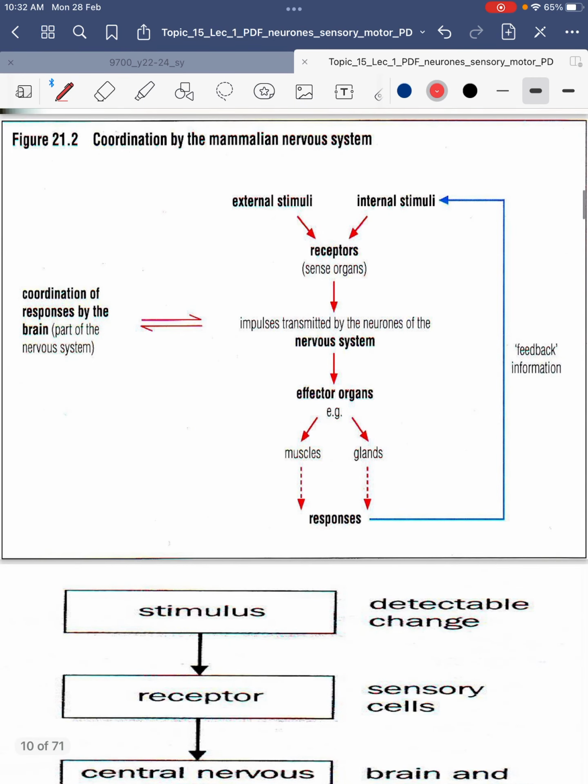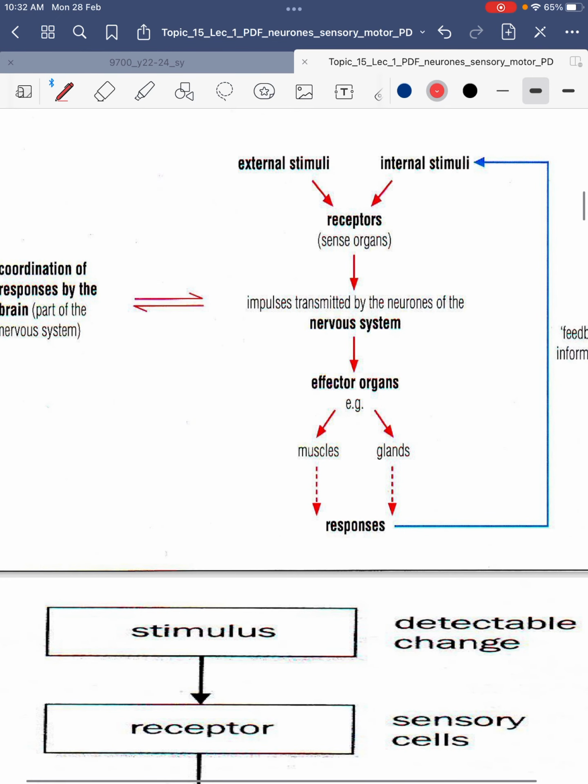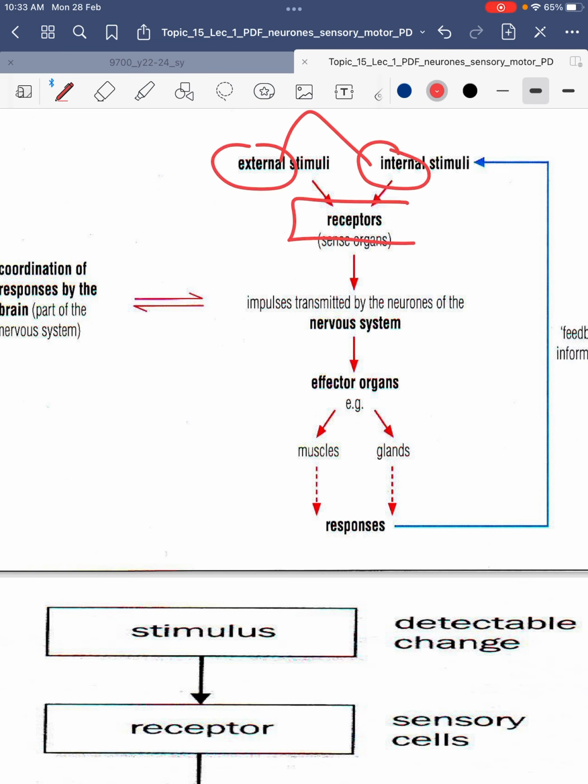Taken from another textbook, as you can see here, stimuli can be external or internal, then the receptor, and here this is the sensory neuron, which will send the message to the nervous system, and the nervous system to the effector.